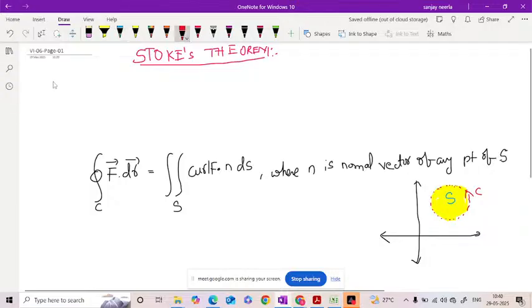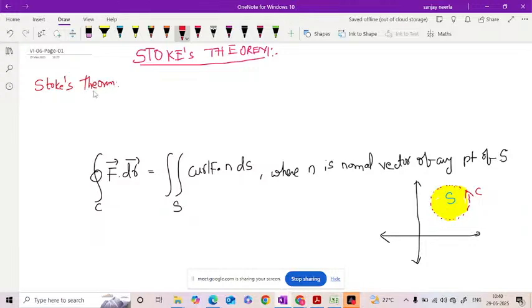Now I will write the statement of Stokes theorem.